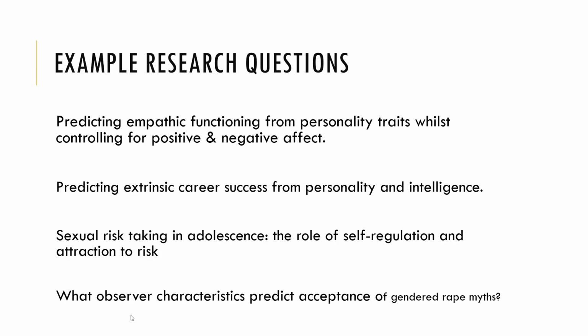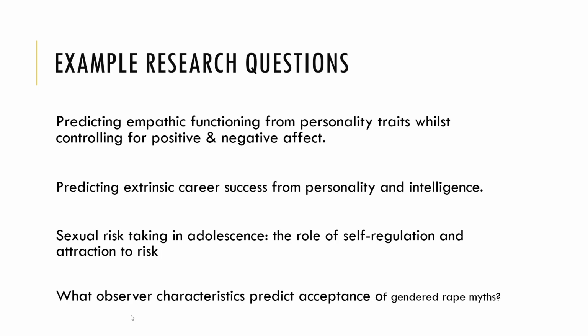Also, people have explored using regression extrinsic career success, so things like title and money and status, from personality and intelligence. And some people have looked at that over time to see if these two things change over different periods in people's lives. You can do that potentially with regression, because you can have standardized effects that you can compare between different models.